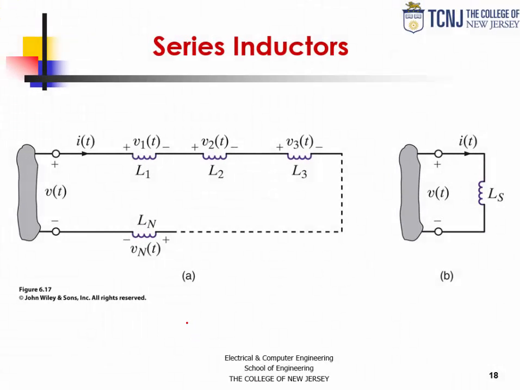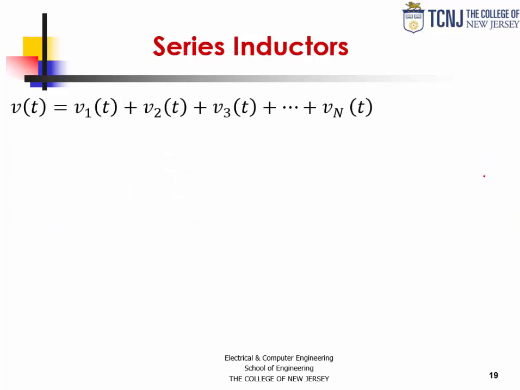Now let's look at the combination of inductors in series. Again, we have any number of inductors connected in series, and we want to know how to combine them into a total equivalent inductor. For that, again, we're going to write Kirchhoff's voltage law equation.